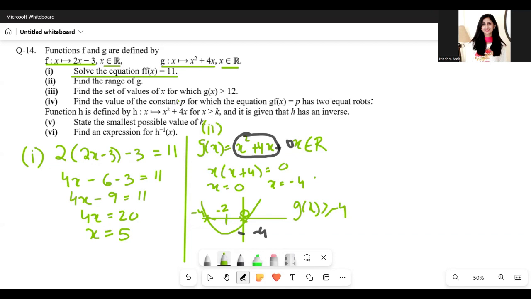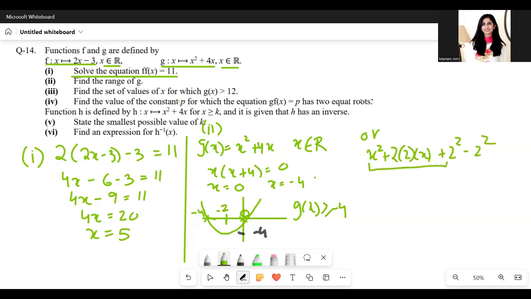There's also another way of doing this, that is, you change this into completed square form. Let's see how that would work. So a² + 2ab + b², and then we do minus b².